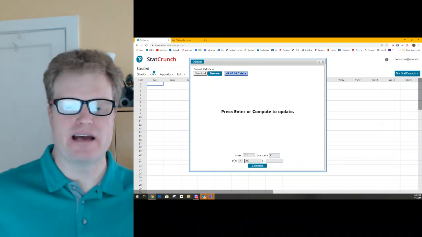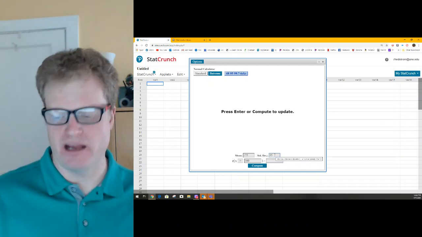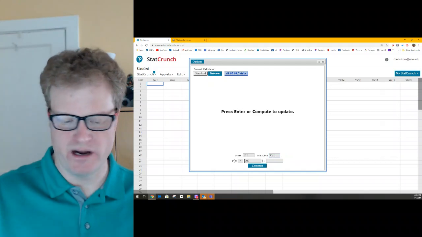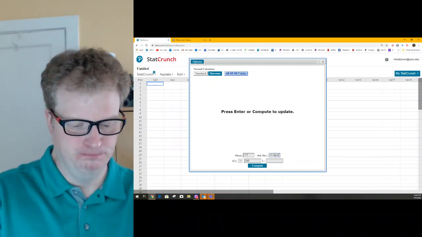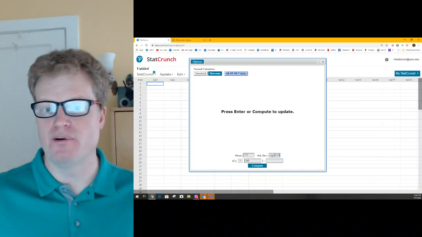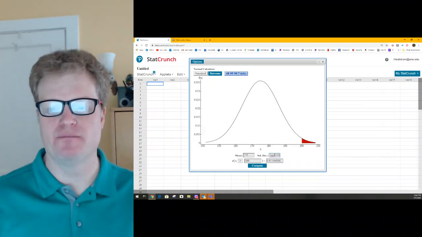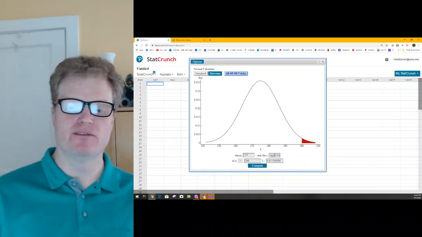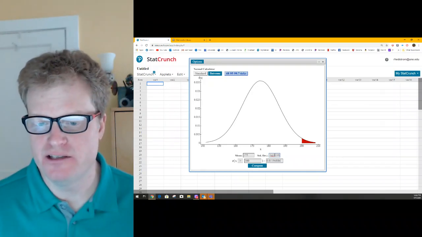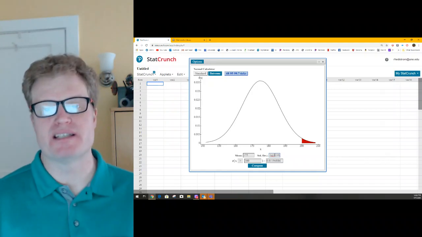So here on StatCrunch, I'm going to change my standard deviation. I'm going to divide it by the square root. I type in SQRT, and in parentheses, I'm going to put 10 and hit compute. We can see that the probability that gondola is going to be overloaded is going to be just over 1%.